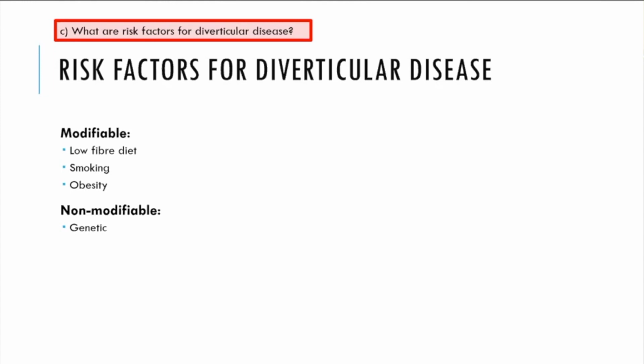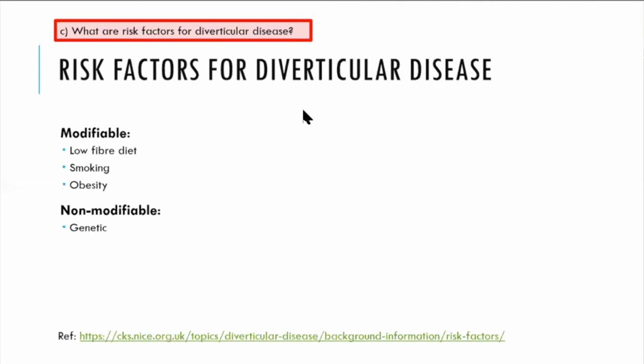No problem. So I've got a question around risk factors for diverticular disease. And yeah, it's essentially a low fiber diet. It means that you're much more likely to have poorer transit and an increased risk of constipation, which means you increase the intraluminal pressure in the actual colon itself, which, when you have a natural defect or weakness in the wall, can mean it pops out, which is what a diverticulum is.